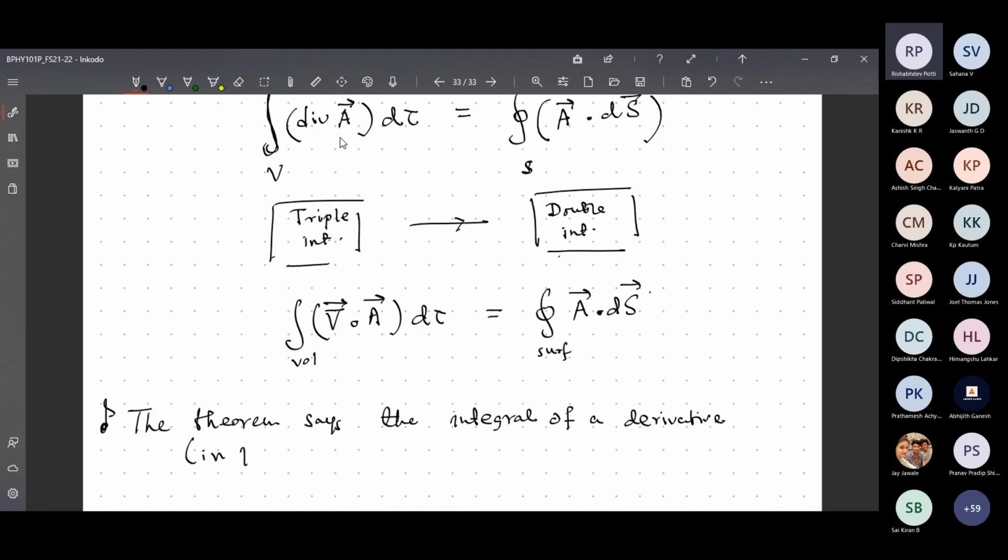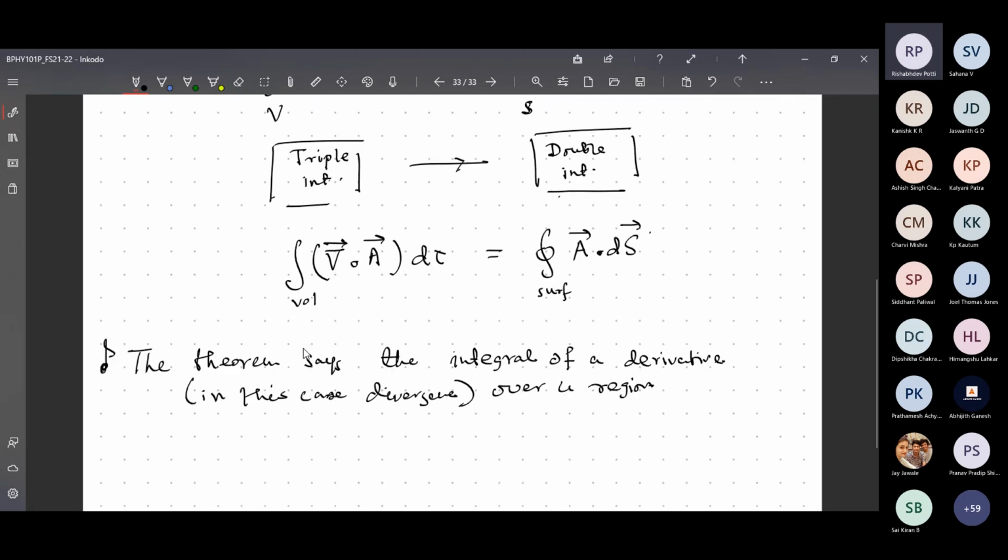So in this case, divergence over a region. What is the region? This region is the volume they are talking about.